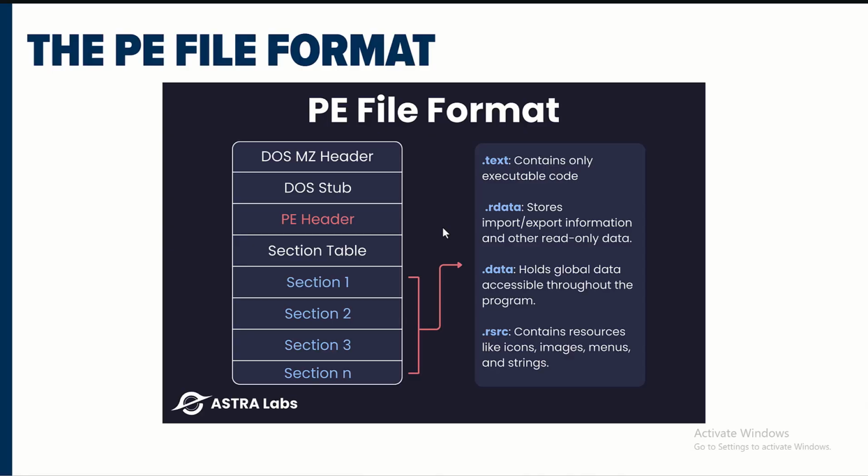Resources could be strings, images, menus, icons, mouse cursors, templates, and so on. In most cases, the threat actor embeds malware or another executable file into the resource section, and in this case it acts as a dropper. So that's all in the sections.